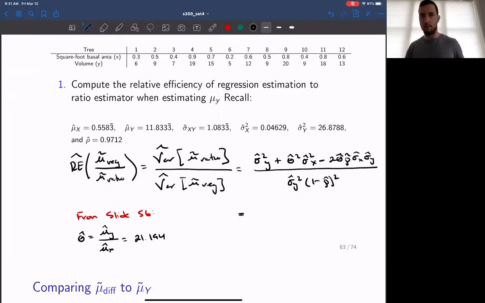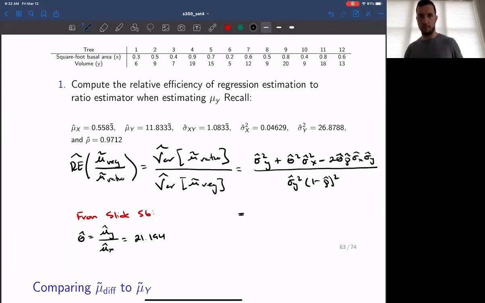Okay, so sigma xy is 1.0833. Sigma 2 dot x is 0.04629. Sig 2 dot y is 26.78. Rho is 0.9712. Okay, so we have sig 2 dot y. Should expect these to be pretty close together. Let's see if this works out.